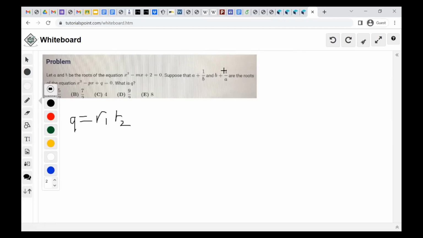And we're given that these are the roots. So q is equal to (a plus 1 over b) times (b plus 1 over a).